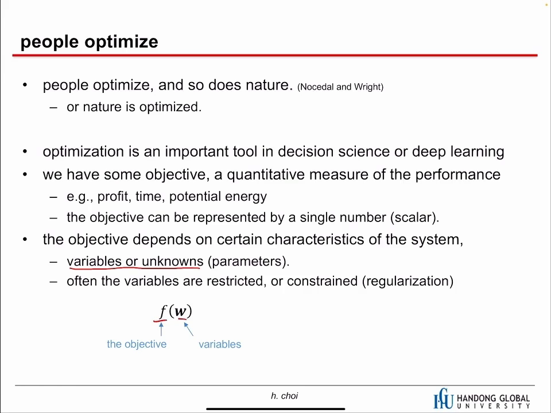So cross entropy is the objective function in that case, and the parameters of the neural network describe the characteristic of the system. By controlling these parameters, we can minimize this cross entropy. Then in this chapter, the question is how? How can we control these parameters to minimize this objective function?